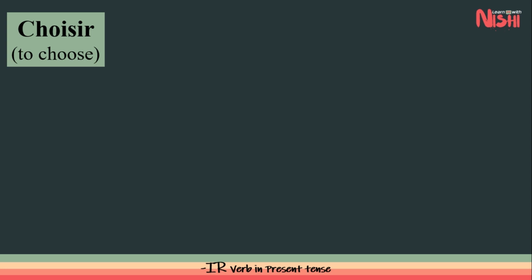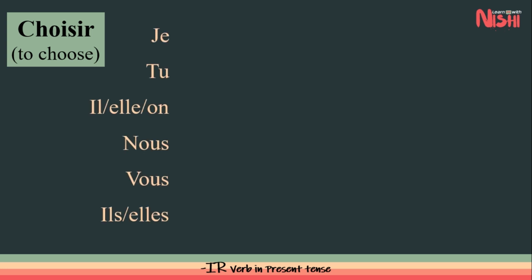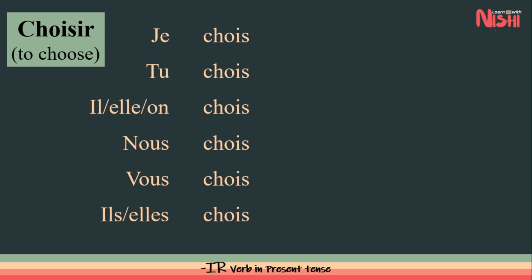For example, let's take a regular IR verb to conjugate in present tense. Choisir, to choose. Remove the IR part from this verb and you will get the stem of this verb. First, take the subject pronouns, then the stem of this verb. Now just add the special endings for each subject pronoun.